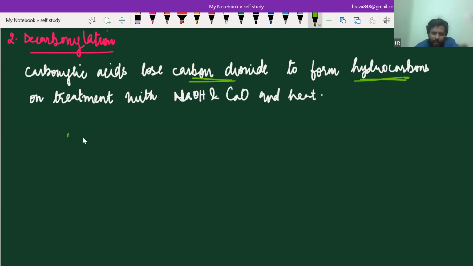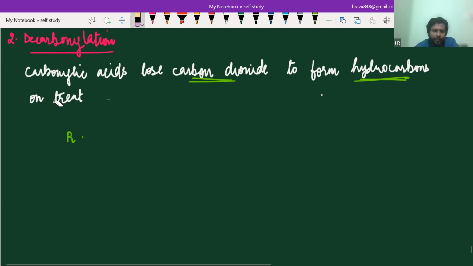So as you can see, carboxylic acid, first of all, you need to take care of this. Wait a minute, let me write in a better way. Not directly.